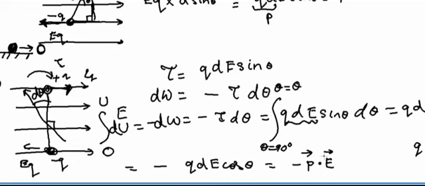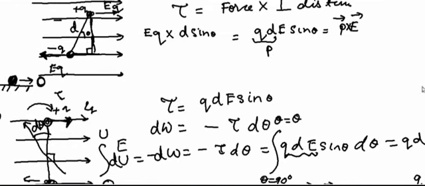So here we have the potential energy of a dipole at any general angle theta. The potential energy is just given by minus the dot product of p and E. This is really cool and simple to remember also.